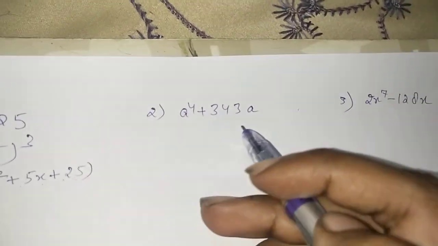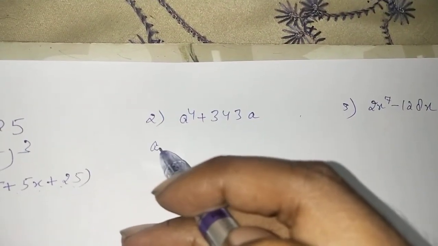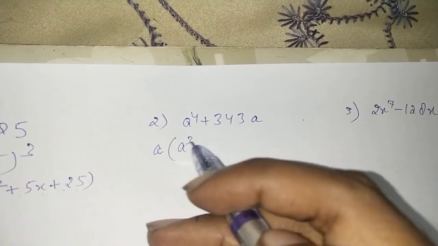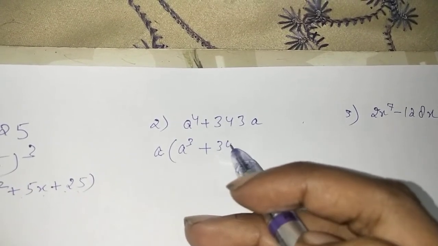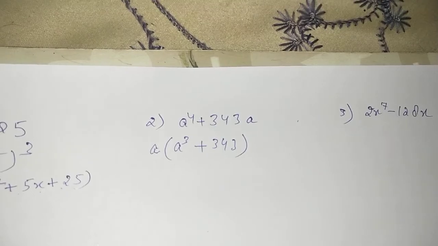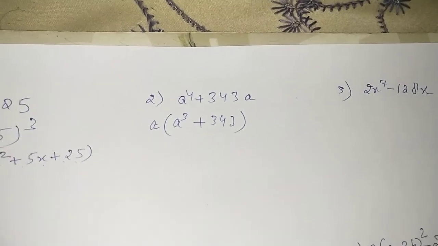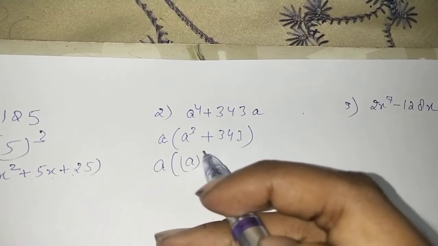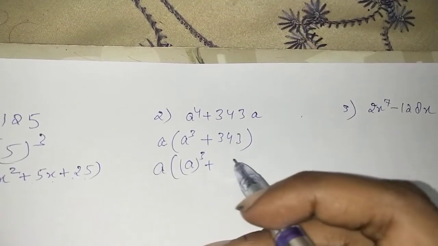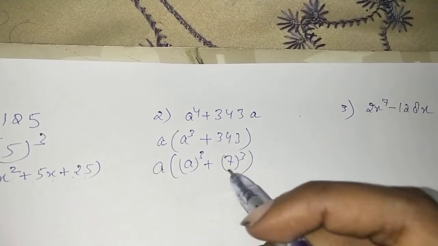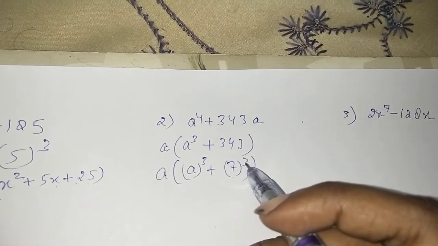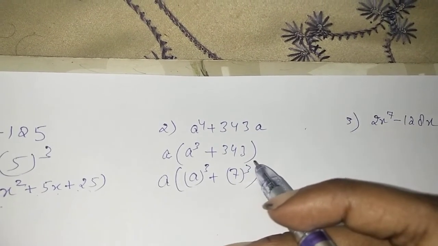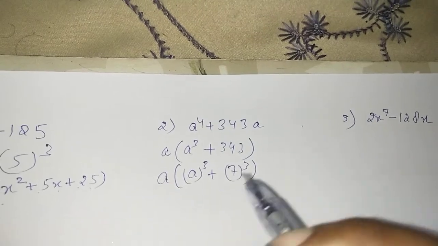Moving on, let's take this one. Now is there anything common? Yes, we can see that the variable a is common. So on taking out common, we'll be left with a cube plus 343a. Okay, now if we look into this, this is the cube of a and this is the cube of 7, isn't it? 7 into 7, 49, 49 into 7, 343.